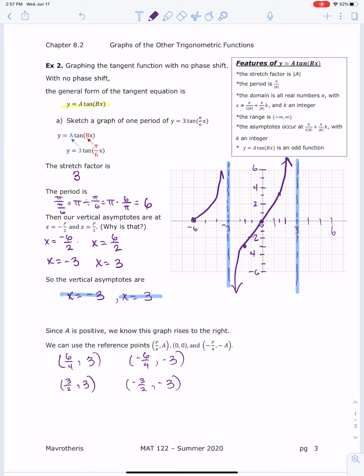If I wanted to, I could extend this out here. Okay, but what we're primarily concerned about is that single period that is bounded by -3 and 3.